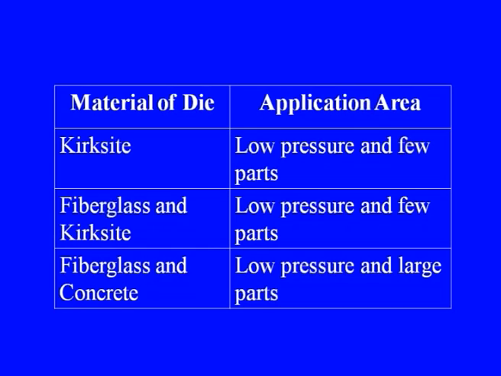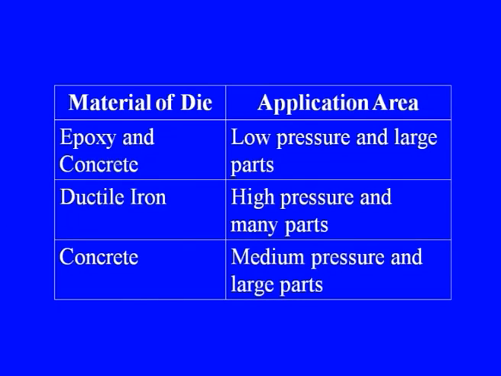Then fiberglass and concrete, again for low pressure, but since concrete is there, they can be durable and therefore can be used for large parts. Epoxy and concrete can be used for low pressure applications and, of course, for large parts. Then ductile iron is for high pressure and many parts, as it is durable. Then concrete is for medium pressure and large parts.